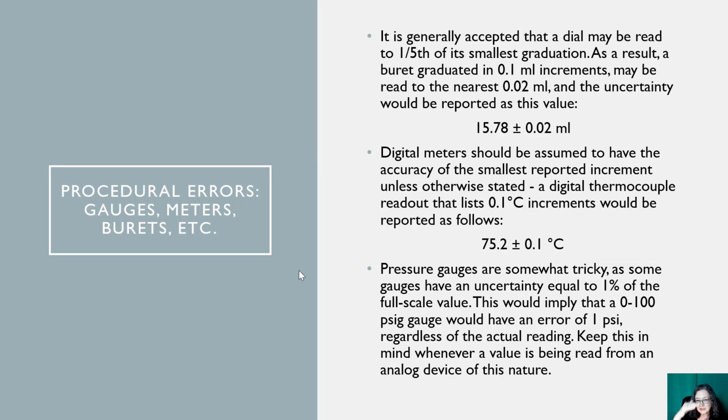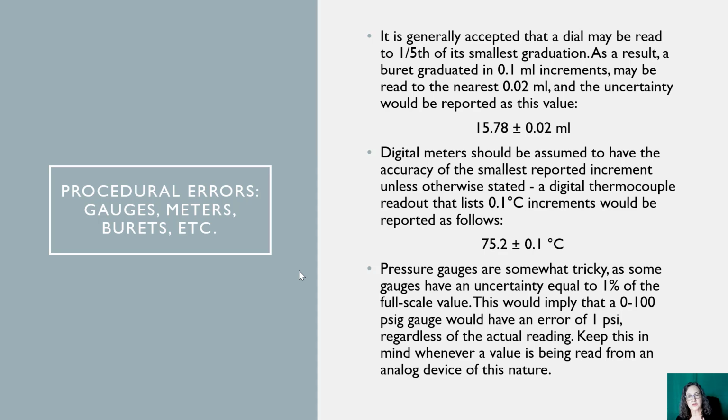If you really get down at eye level and you've got everything set up right, you can probably read it to the nearest 0.02 milliliters. And so therefore your measurement is going to have those two decimal places, plus or minus 0.02 milliliters.